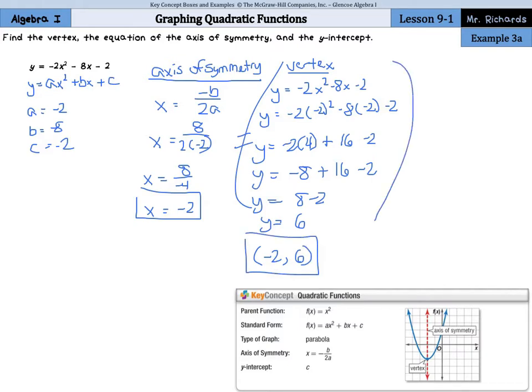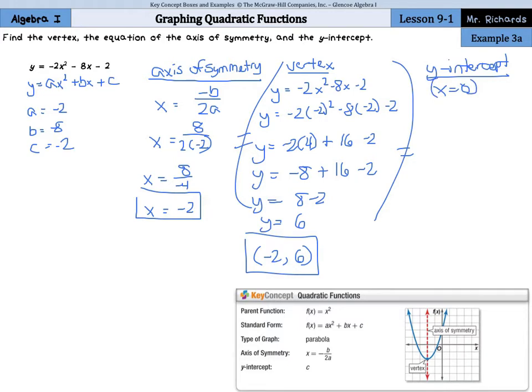Now, there are two ways to get to the y-intercept. The y-intercept is when x equals 0. It's where it crosses the y-axis.